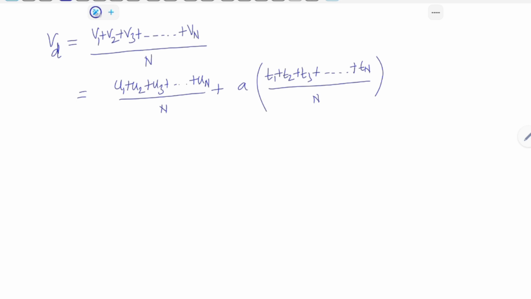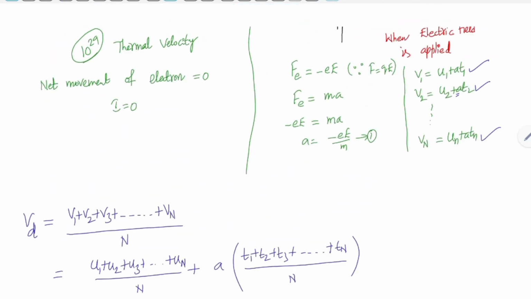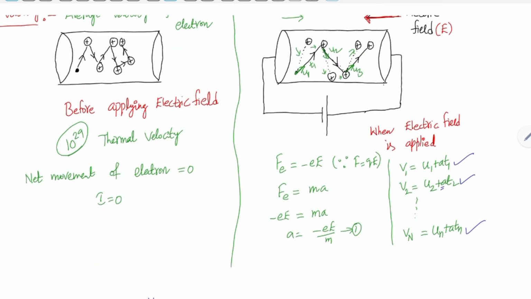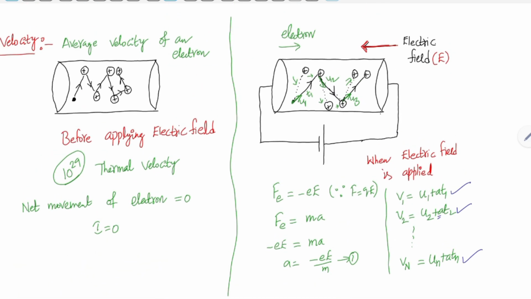Now if you observe, what are these u1, u2, u3? All these are the velocities that the electron will attain after each and every collision. Initially it has u1. After the first collision it has u2 velocity. After the second collision it has u3 velocity.